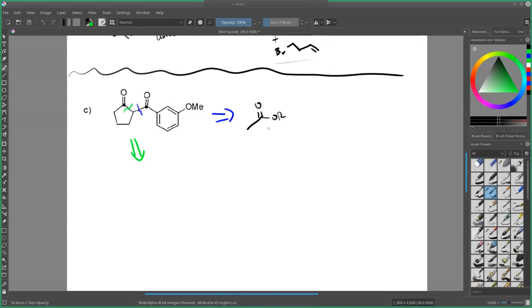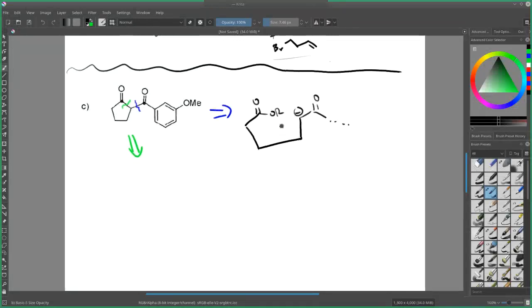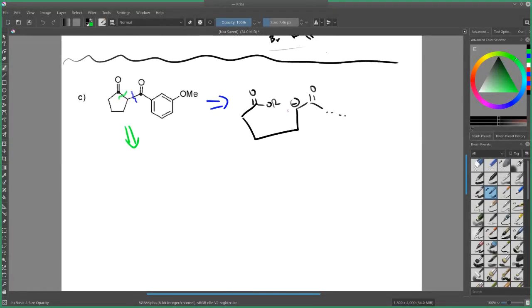There's an ester on this thing, and here's all this extra stuff hanging off that end. So this would be our enolate, and it has to attack the ester over there. Anything fishy about this path? Anything look kind of weird?